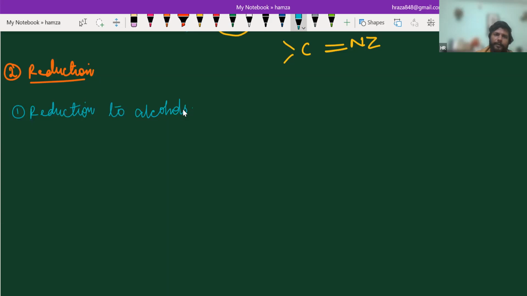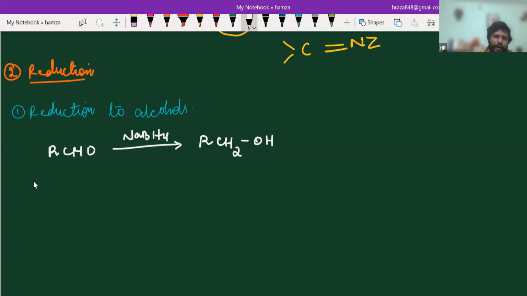If you use a primary aldehyde and a reducing agent like sodium borohydride, NaBH4, it will be converted into what? Alcohol. Primary alcohol. This aldehyde will be converted into primary alcohol.